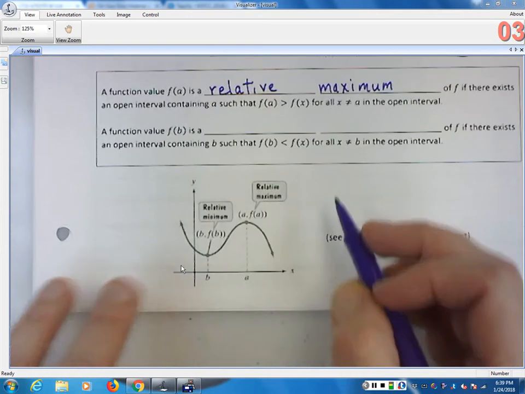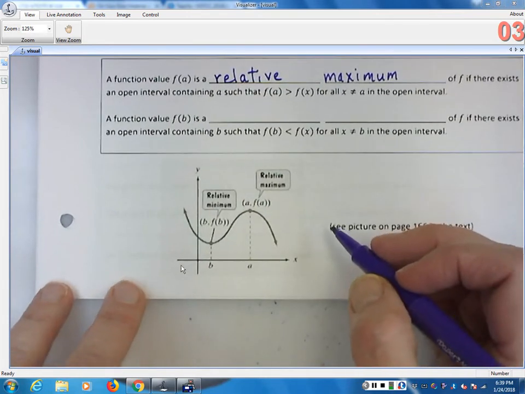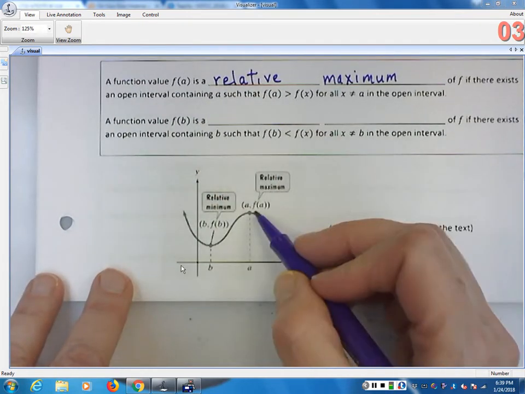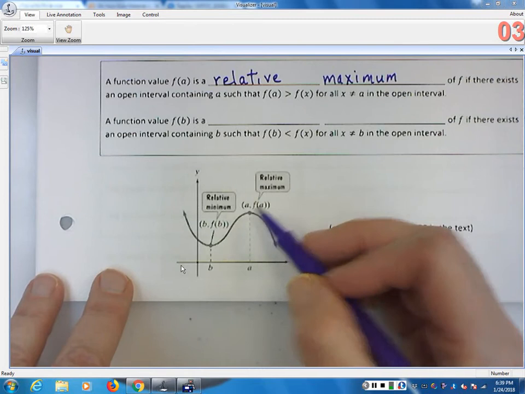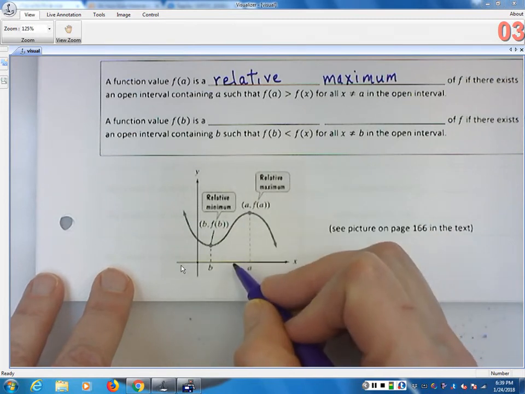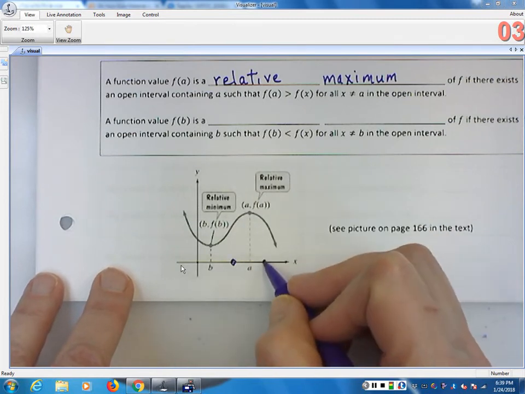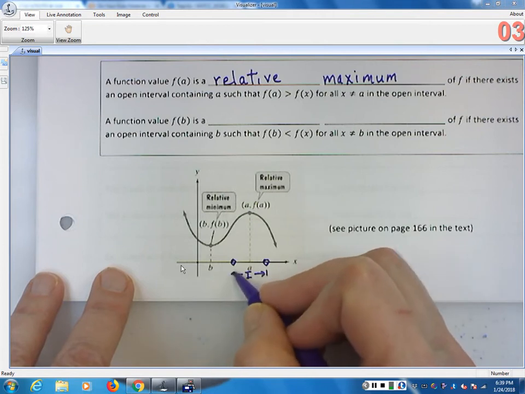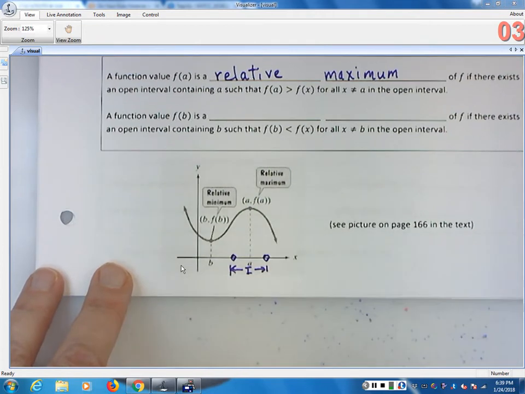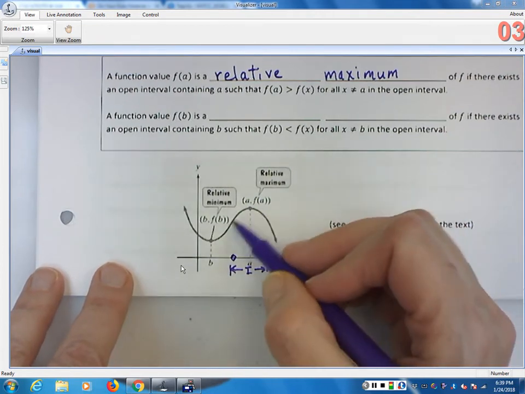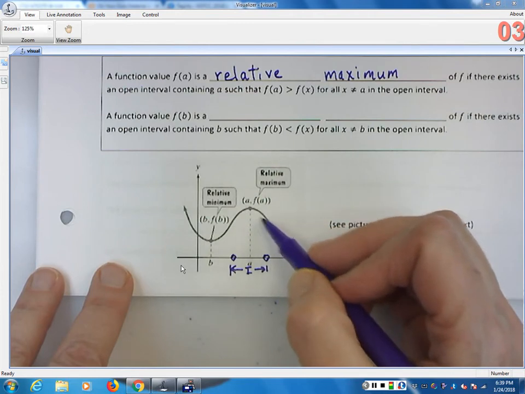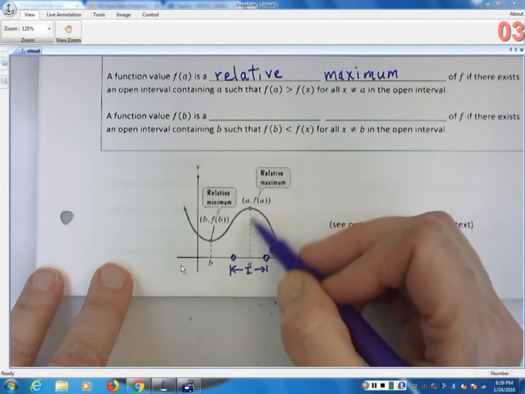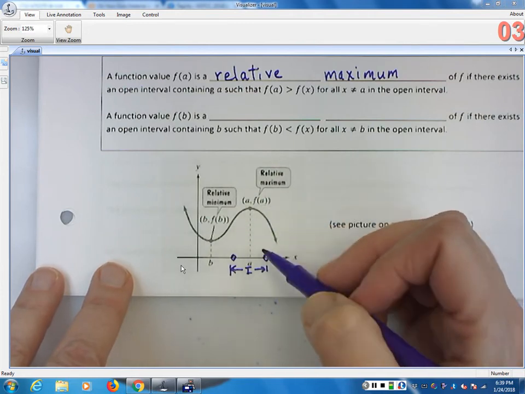So here's a picture. We're talking about f of a being a relative maximum, and if we can come up with an open interval I and all our f of x's in that interval are less than f of a, then f of a is a relative maximum.